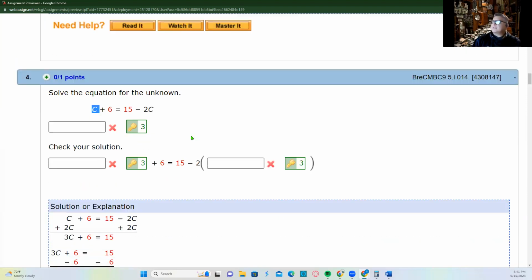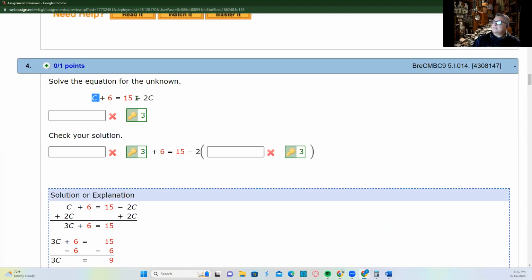So the first thing I'm going to do is take this and move it over here. Well, how do I do that? They're subtracting 2C. I'm going to add 2C. So I'm going to add 2C to here, and add 2C to here. 2C plus 1C is 3C, right? And we don't have to call them C's. We can call them oranges, or belly buttons, I don't care.